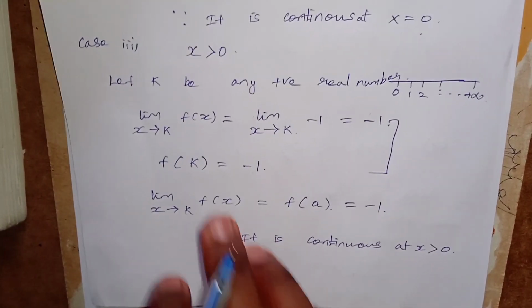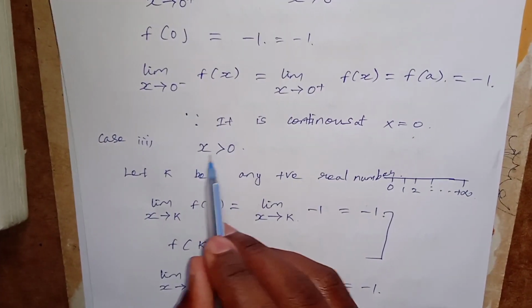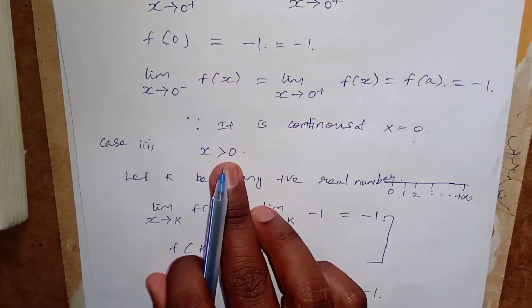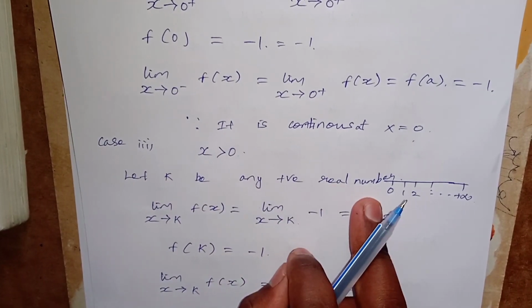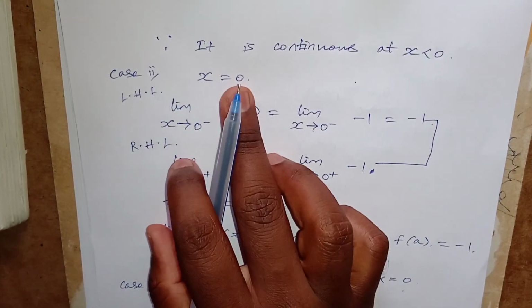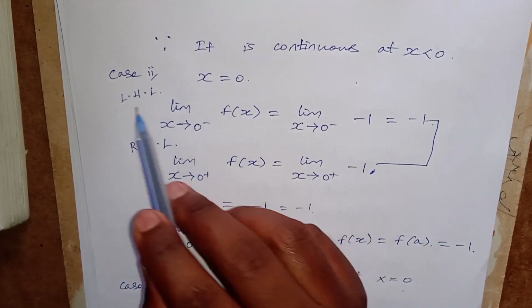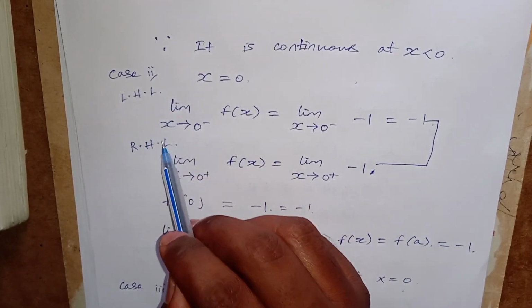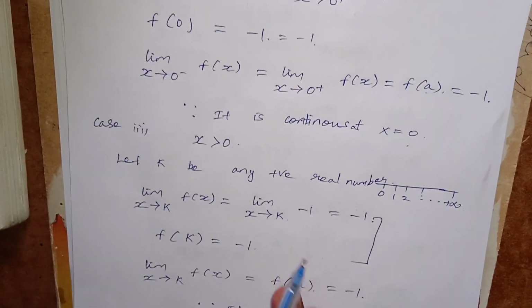Whenever the function is greater than or less than 0, you have to take k as any positive real number. At the exact point, x equal to 0, or x equal to 1 or 2, at the exact point x equal to a, you have to take the left hand limit, the right hand limit, and f of a. I hope you all understood the question.